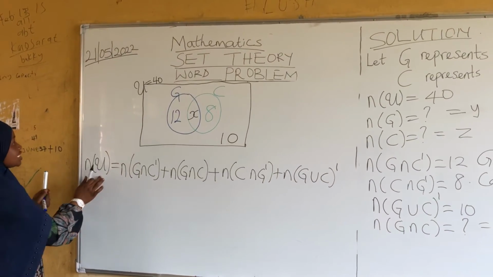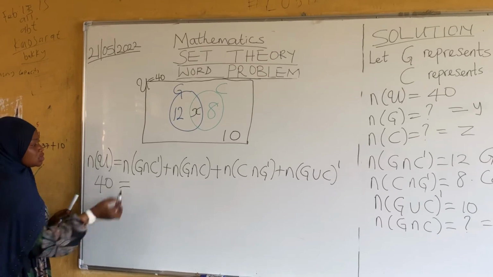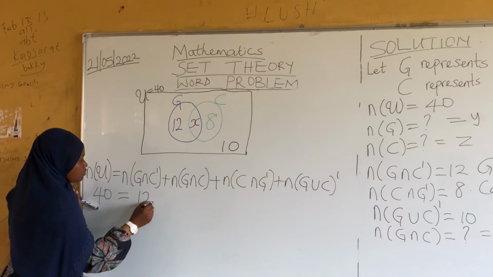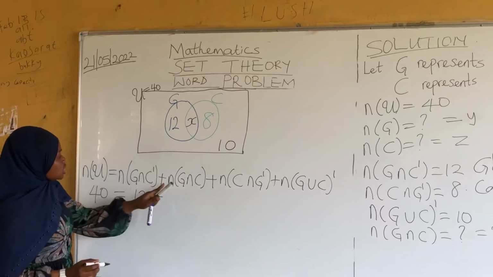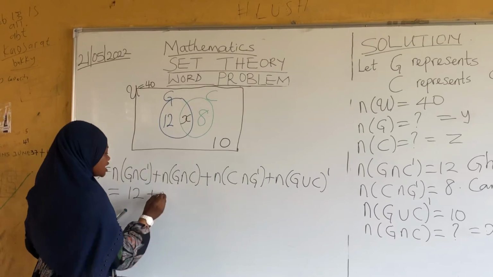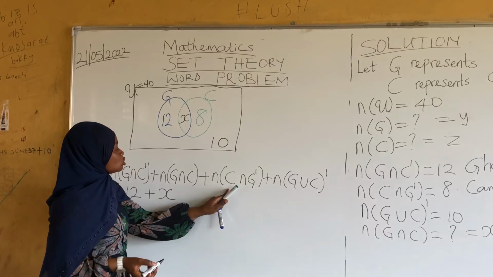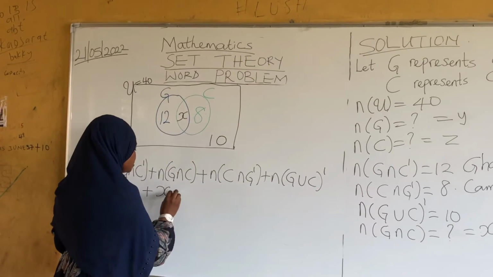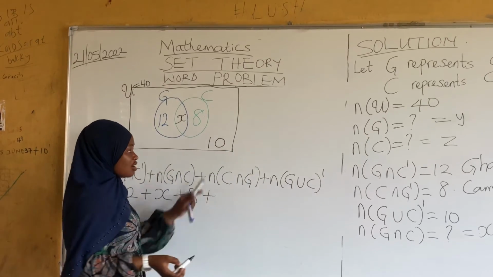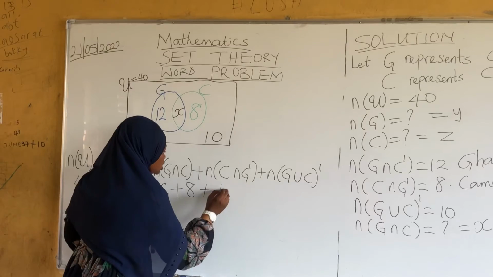Here, the coordinate of the universal set is equal to 40, is equal to the coordinate of those that have traveled to Ghana only, which is 12, plus those that have traveled to both countries, which we represented to be X, plus those that have traveled to Cameroon only, 8, plus those that have not traveled to any of the countries, which is 10.